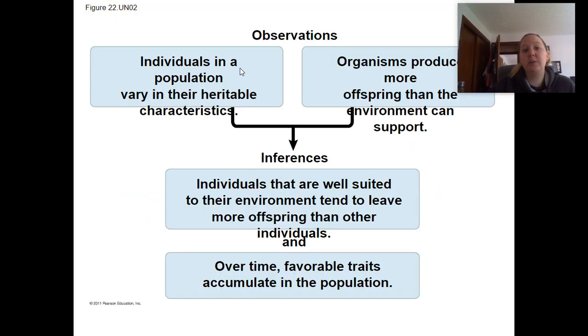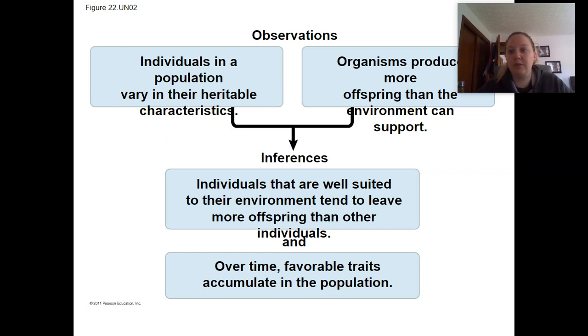So observations that we can take: individuals in a population vary in their heritable characteristics. That's why none of us look the same. We don't look identical to our parents unless we are identical twins. That's the only time we will look the same. Organisms produce more offspring than the environment supports. That's pretty obvious.